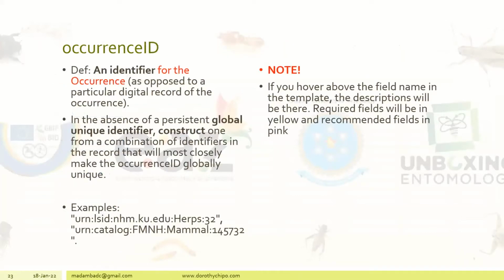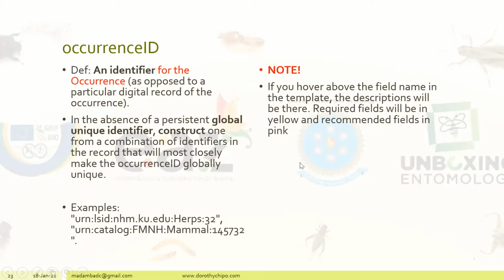So occurrence ID is an identifier for the occurrence. For the checklist, it was an identifier for a taxon. So now occurrence ID is an identifier for the occurrence. Oh no, not the event, sorry, the occurrence. There's no better way of saying it.